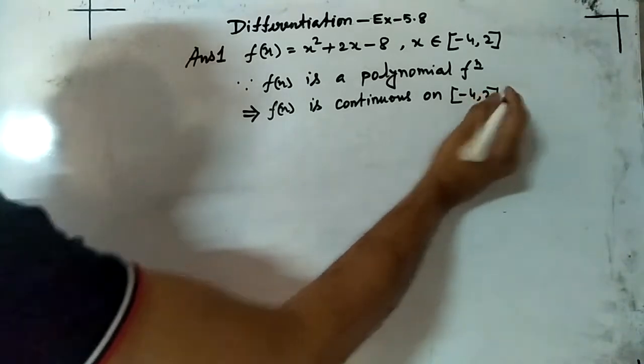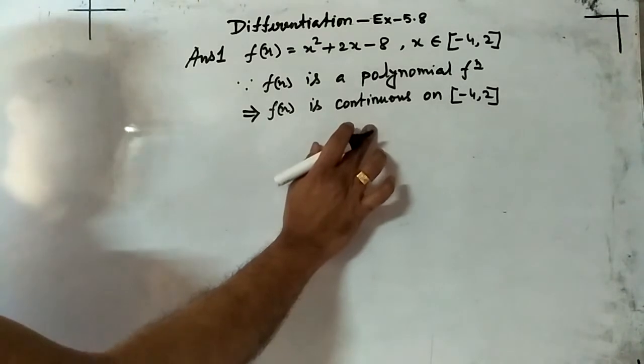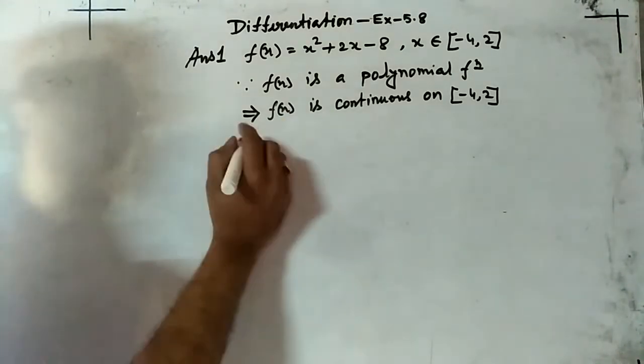We know that every polynomial function is continuous, so directly and logically we can write this point.